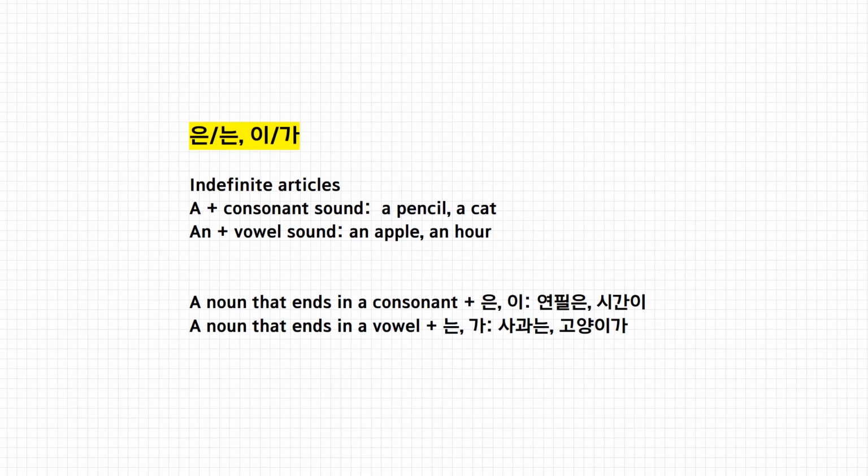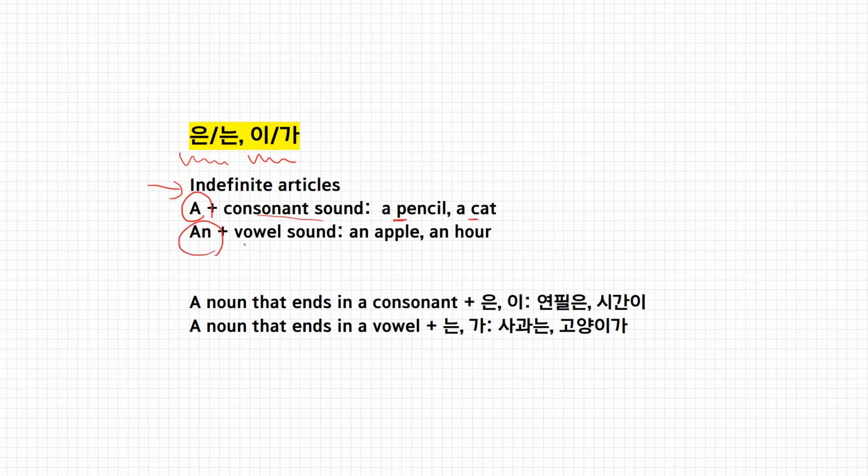Before we begin our journey, I shortly want to point out why we have two options here. The perfect example to make you understand why these two options are necessary would be the indefinite articles. A is used when the following noun has a consonant sound, like a pencil, a cat.